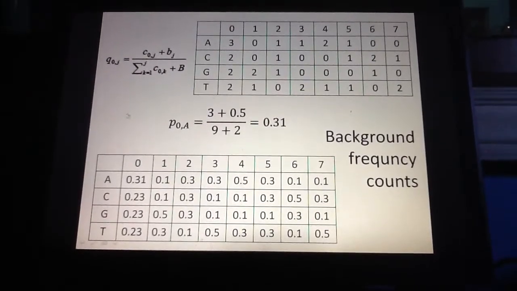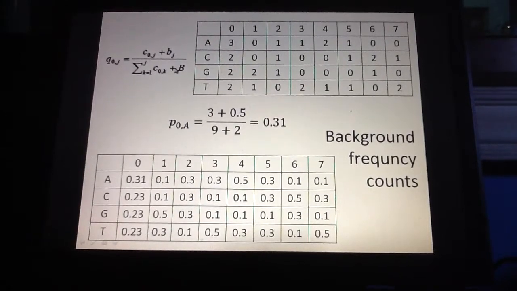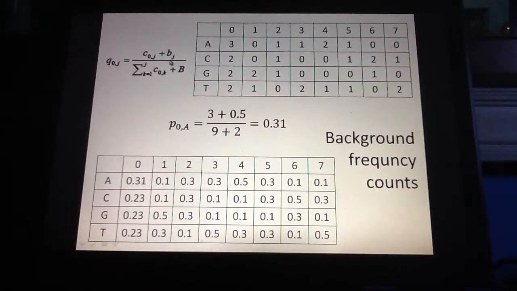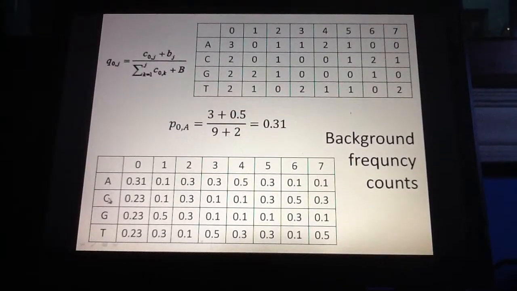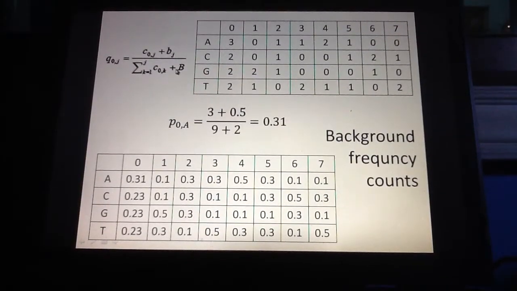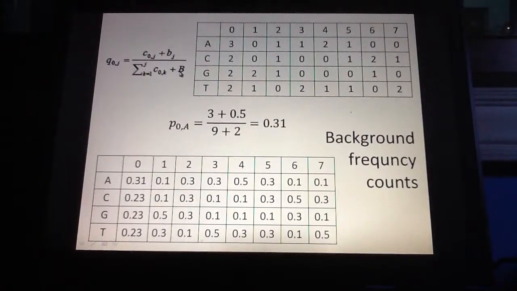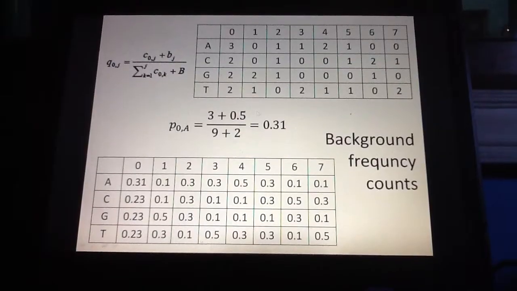So in that case, to avoid 0 probabilities, we introduce the pseudo counts. So here we arbitrarily chose a pseudo count of 0.5 for each of these 4 residues, and so this small b is 0.5, and this capital B here is the sum of the pseudo counts for each of the residues. Since you have 4 residues, then 0.5 times 4 will give you 2.